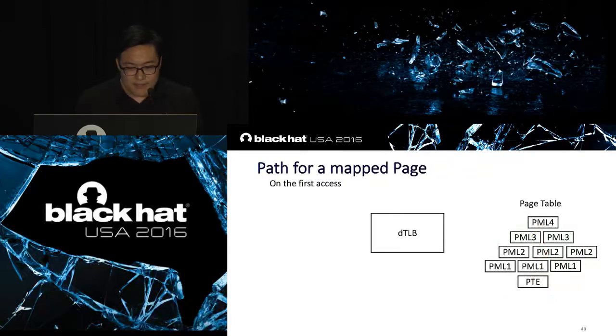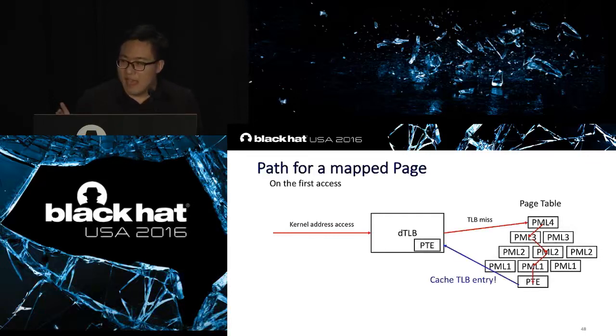For a mapped address, the path differs on the second access. On the first access, it misses in the TLB, goes through the page table, then caches the entry in the TLB, then generates a page fault. So on the first access it took the slow path.